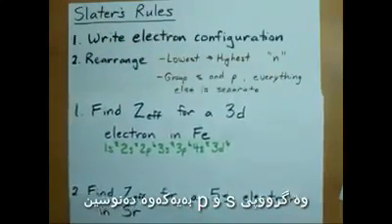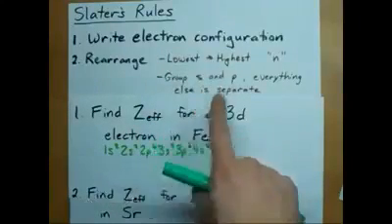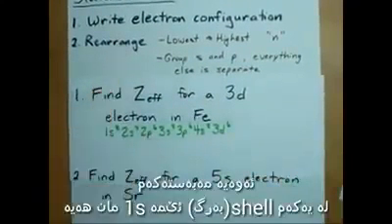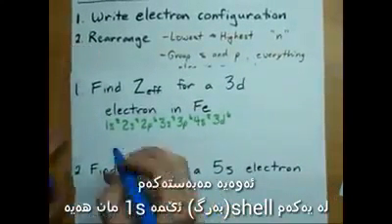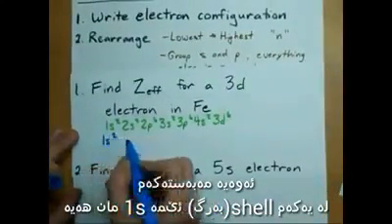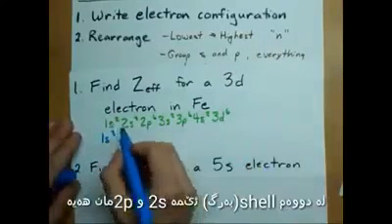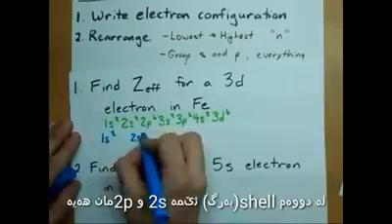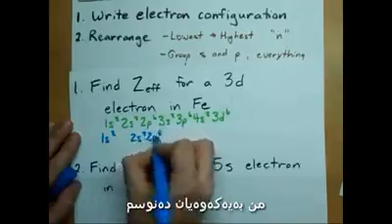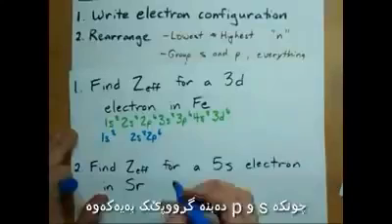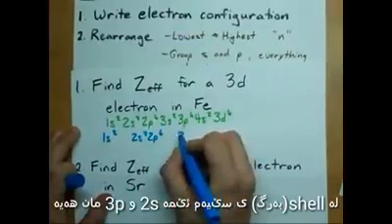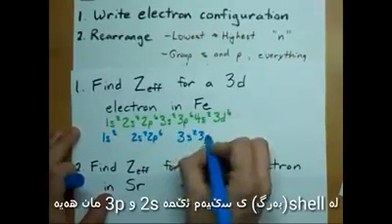We're going to switch those back only for the purposes of Slater's rules. And we're going to group s and p's together, and everything else is going to stay separate. Here's what I mean. In the first shell, we have 1s2. In the second shell, we have 2s2, 2p6. I'm going to keep those together because it's an s and a p. In the third shell, we have 3s2, 3p6.